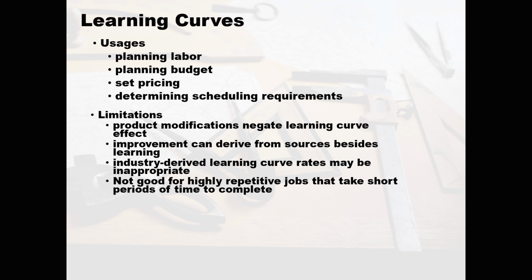So your production won't speed up very quickly. It will take a lot longer to get to an optimal production time, so you'll have to produce more to get there. So it's going to take more time underneath the curve, and I'll show you an example of that later on.